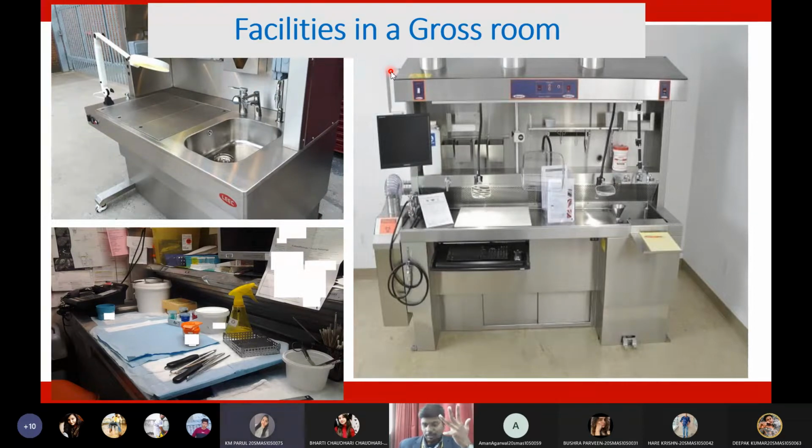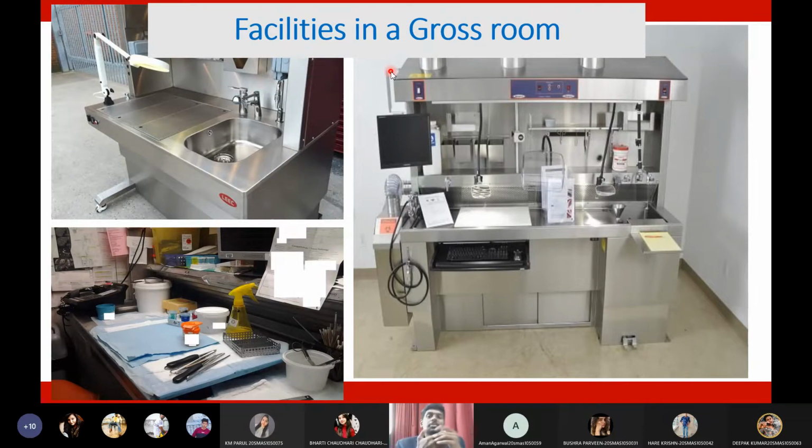Very good. The sample should be inspected and recorded for type of the specimen, dimension, weight, shape, surgical markings, borders. Then what are the others?